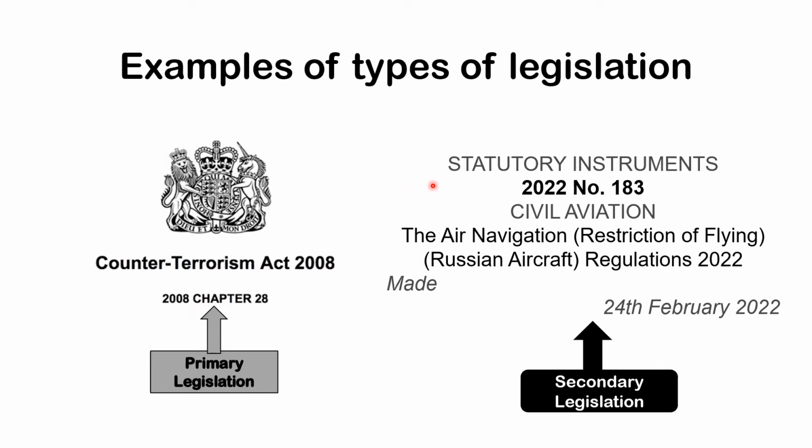And the other is delegated legislation, a statutory instrument, and it gives the number, and it's regarding civil aviation, and then it's got its name, the Air Navigation Restriction of Flying, Russian Aircraft Regulations 2022. So effectively, this is a very recent statutory instrument that has been used to stop Russian planes coming into our airspace.